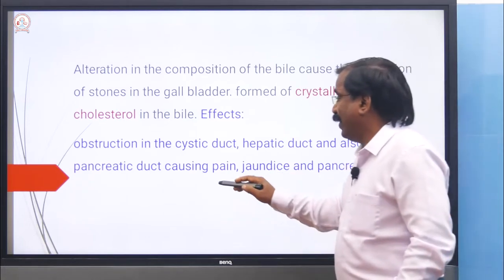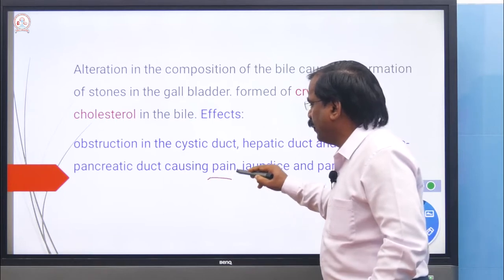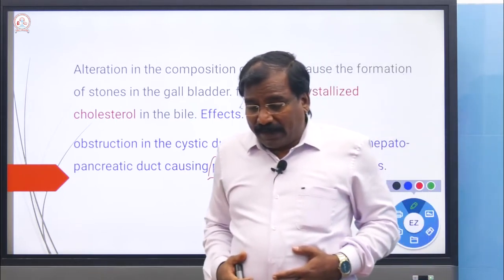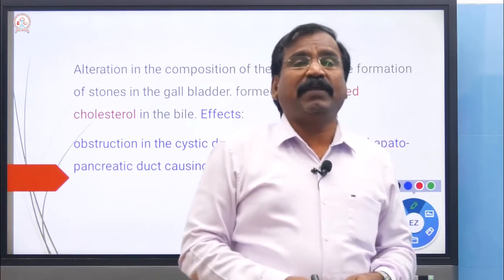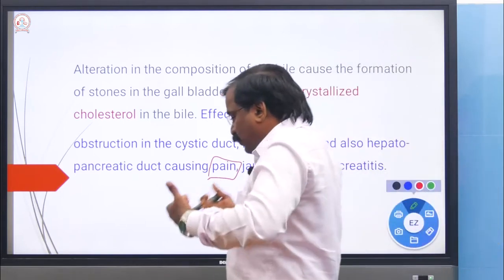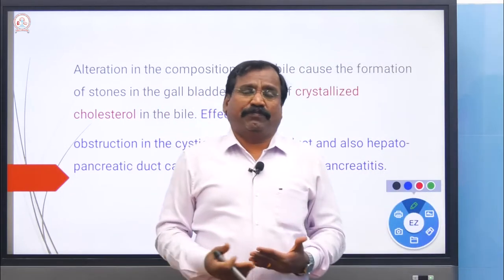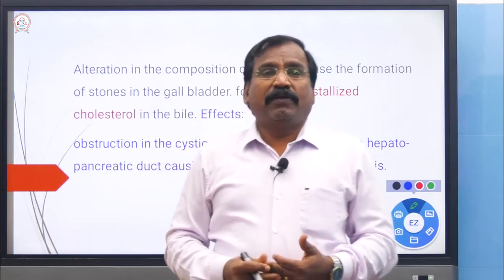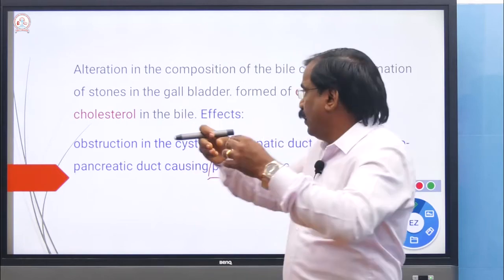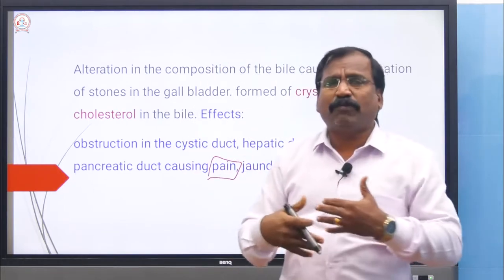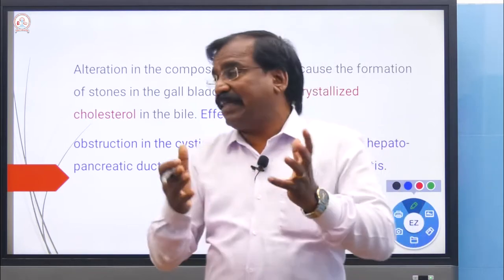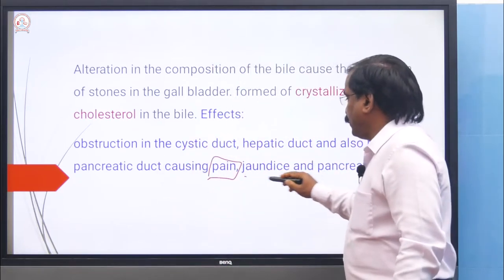If it is blocked, it causes severe pain, particularly after eating food. After eating food, your digestive glands start producing the enzymes, and the liver secretes bile, but the bile cannot freely be delivered. So it is stagnated. As a result, there is a pain and jaundice.